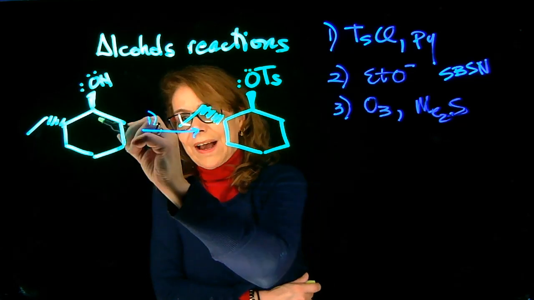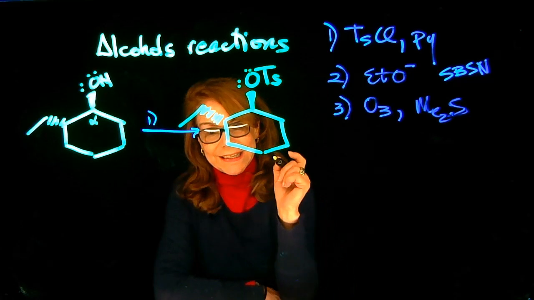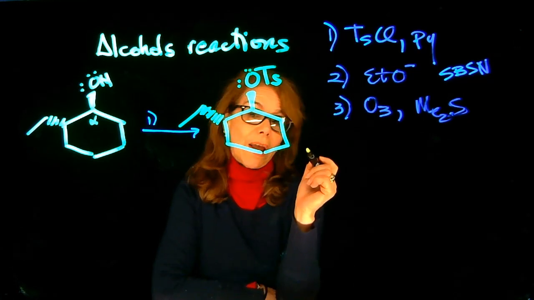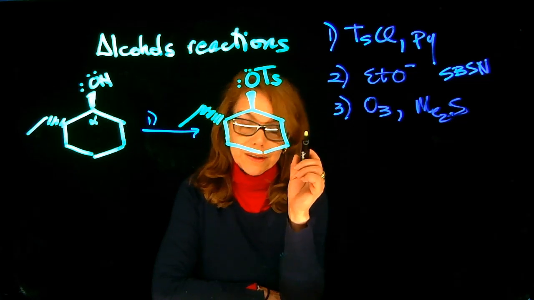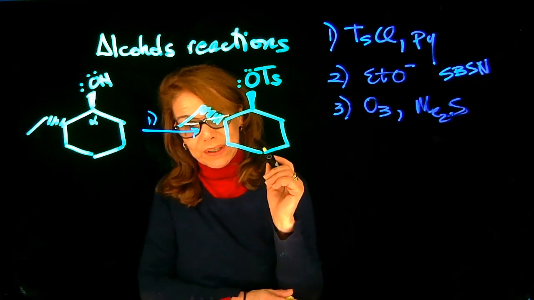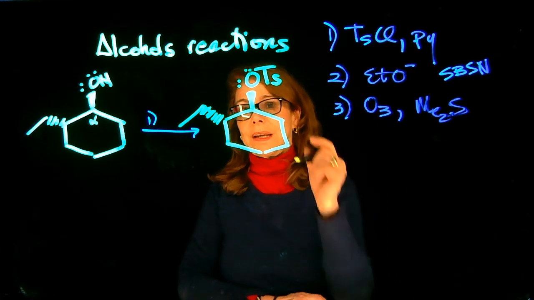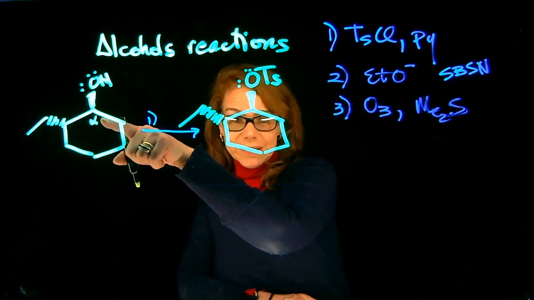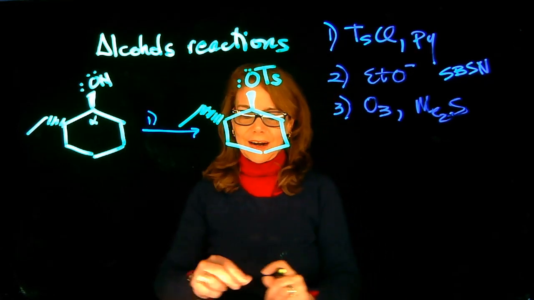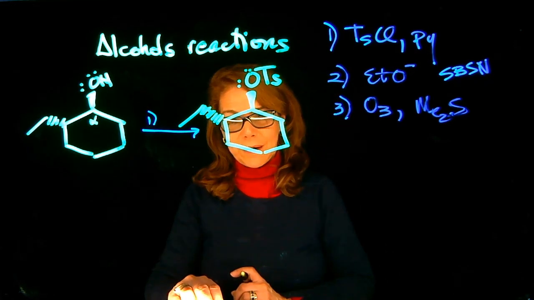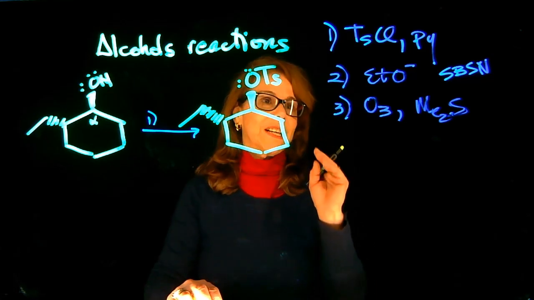That reaction happened at the oxygen, so it didn't touch the chiral center that we have here. Therefore, the configuration of the chiral center didn't change, so it happens with retention of configuration. Again, you didn't do an SN2, you didn't touch that carbon, which is your chiral center, and that means you are not changing the configuration, so retention.